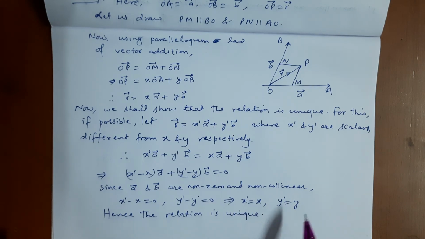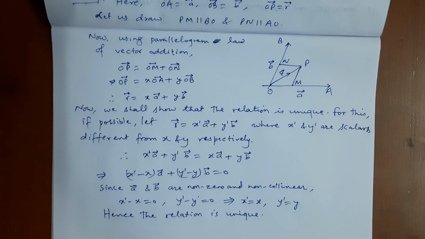That means the relation is also unique. Okay, in this way any vector in the plane can be expressed in terms of two given non-zero and non-collinear vectors.